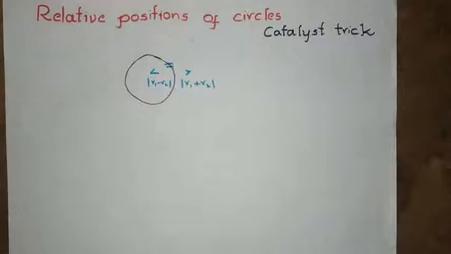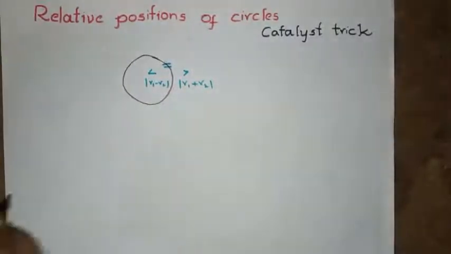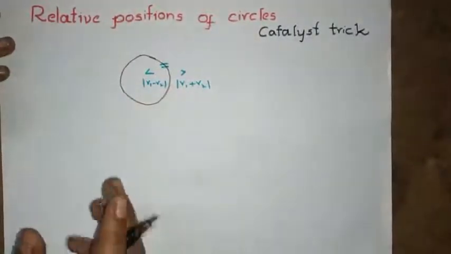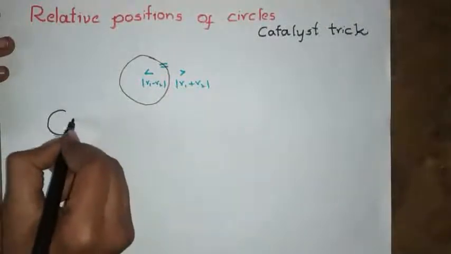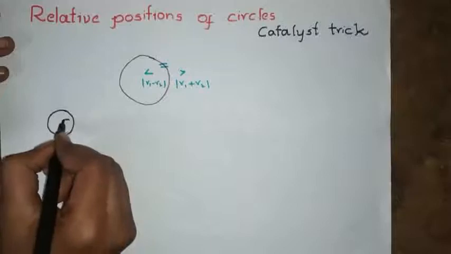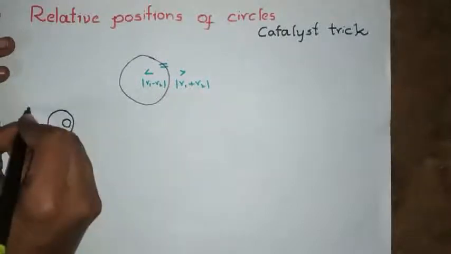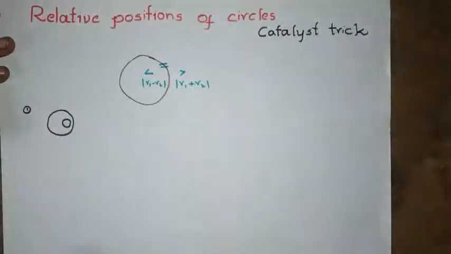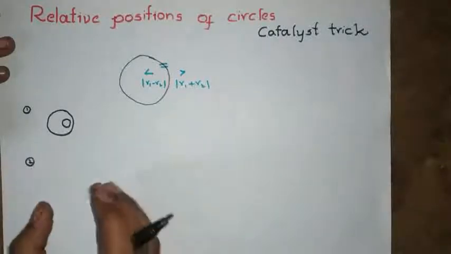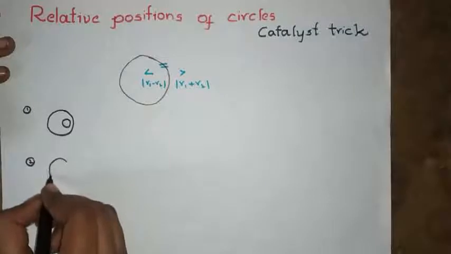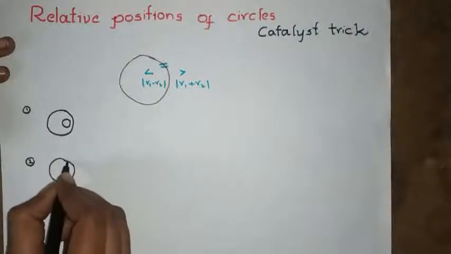Relative positions of circles. Suppose you are given that a circle lies in another circle. This is the first condition. The second condition is given: a circle touches internally.